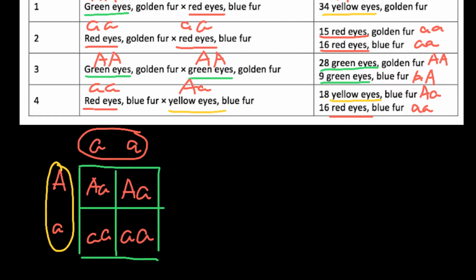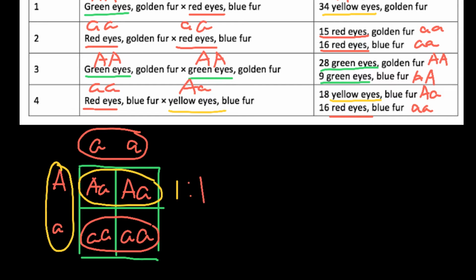As you see, 50% as a result of such a cross would have yellow eyes, and 50% would have red colored eyes, just like their parents. The ratio of traits would be 1 to 1, yellow to red.